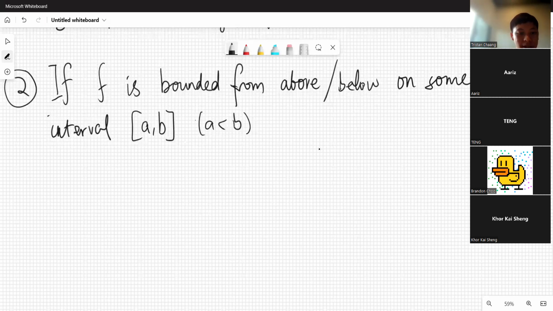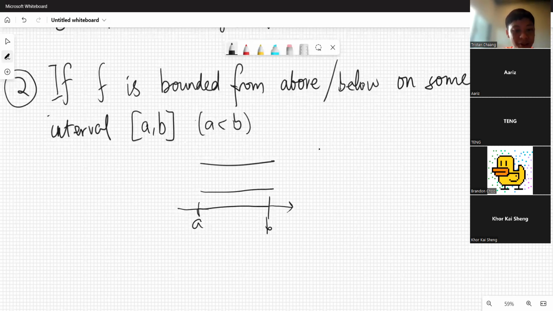So for example, if this is the real number line and you have A and B, then you know the images or the range of all the numbers in this interval, irrational, rational included, they all lie in this strip. So they all lie between some upper bound and lower bound. In fact, some lower bound is enough because I say or here.